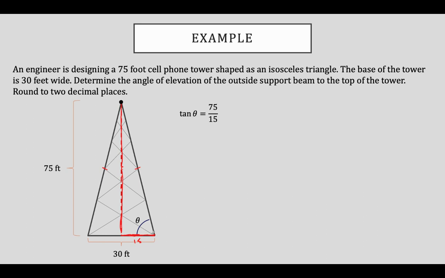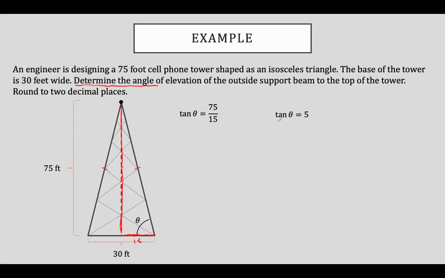The tangent of theta is equal to 75 divided by 15. And 75 divided by 15 reduces to 5. So the tangent of theta is equal to 5. Well, our goal here is to find the angle. Determine the angle. That means we need to solve for theta.